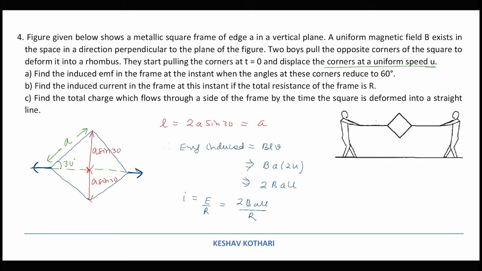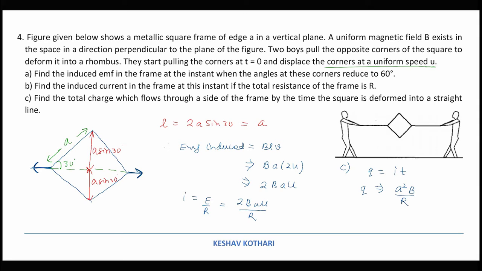As it becomes a straight wire, the charge flown can be calculated as current into time, and on performing the calculation we obtain a value equal to a square B by R. So the charge flown is a squared B upon R for this particular problem.